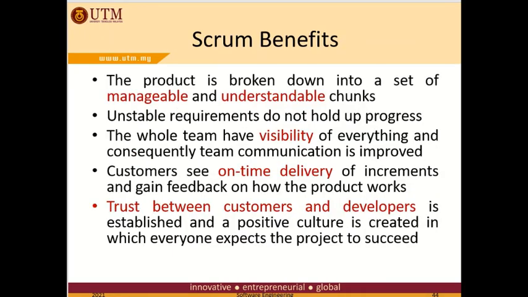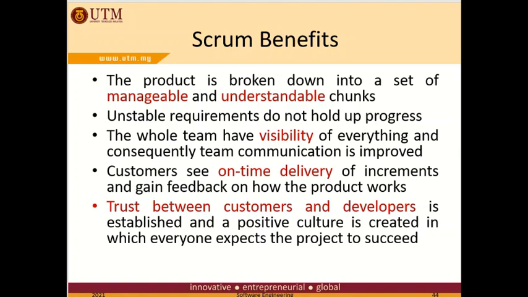In various Scrum success stories, the things that users like about the Scrum method are: first, the product is broken down into a set of manageable and understandable chunks that stakeholders can relate to. Second, unstable requirements do not hold up progress.